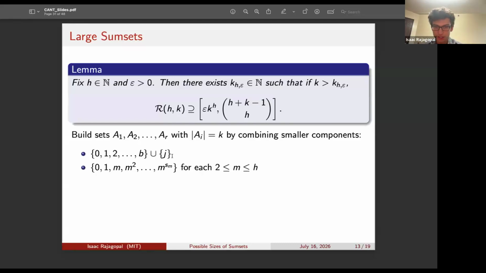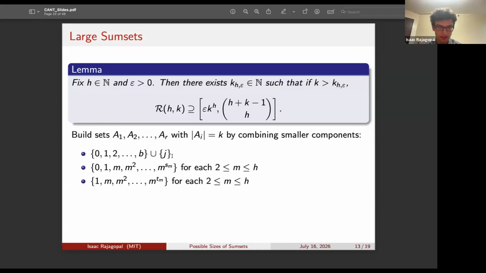So we consider geometric series with common ratio m. So common ratio 2, common ratio 3, common ratio 4, up to common ratio h. Each of these has its own characteristics of its h-fold sumset sizes. This is almost enough, but it turns out I also needed to consider geometric series without the number 0.